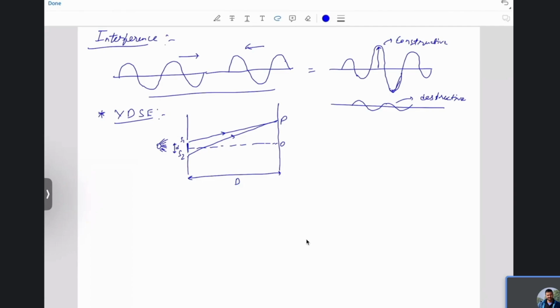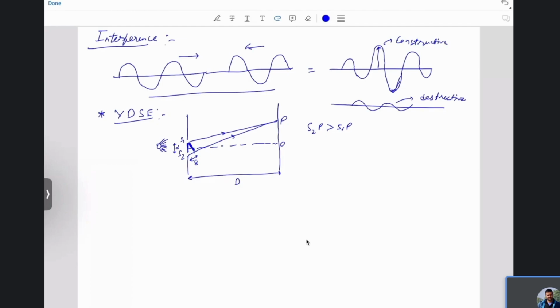Now since this second ray, S2P, has traveled more distance, this is the delta, than S1P, so S2P is greater than S1P, and hence there will be some phase difference between the two light rays.